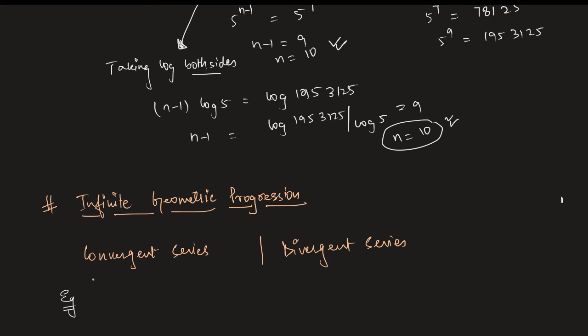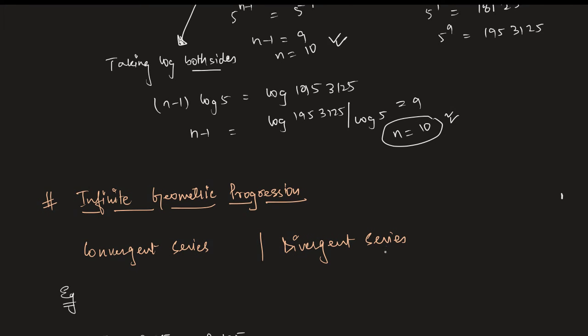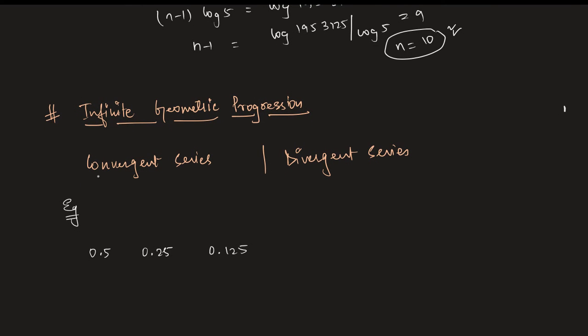In infinite series we need to know two terms: one is convergent series and the other is divergent series. What is a convergent series? The word itself is derived from converge, meaning it's converging towards a point.